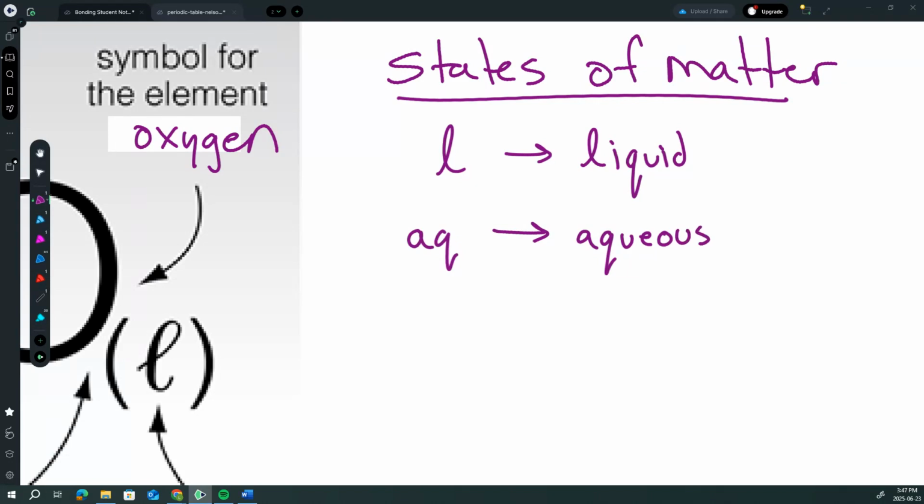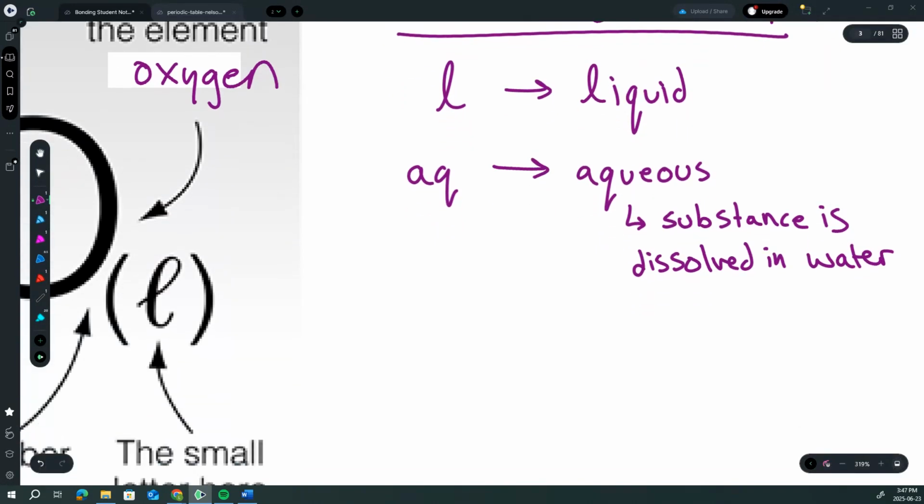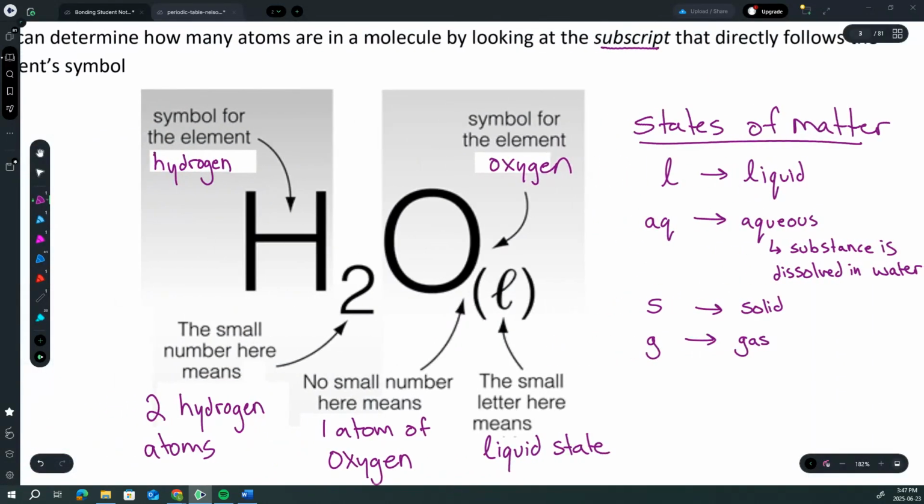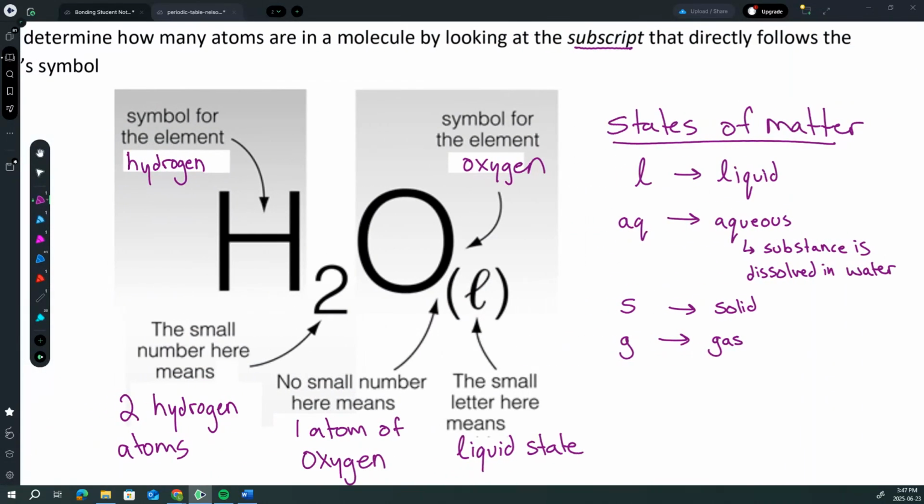That just means that your substance is dissolved in water. S means solid. And G means gas. So those are all the states of matter that we're going to be covering in Chemistry 20.